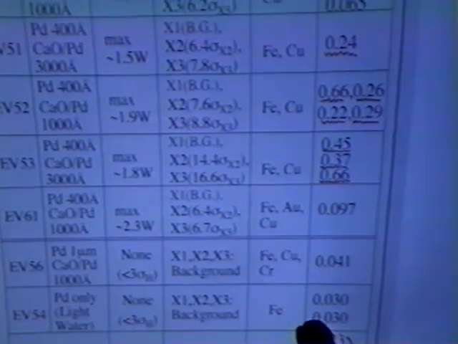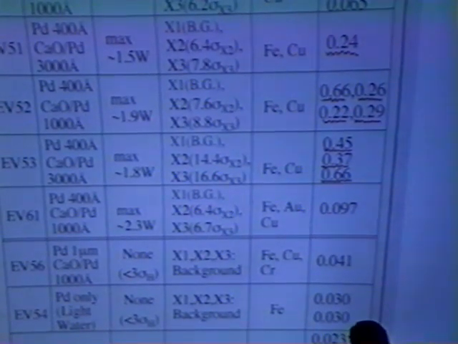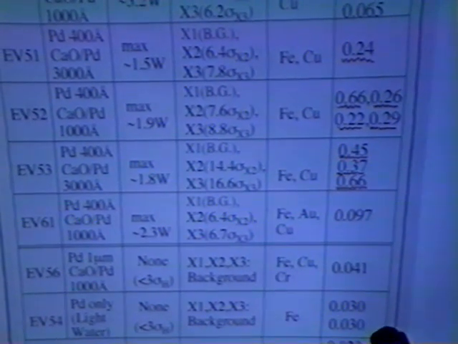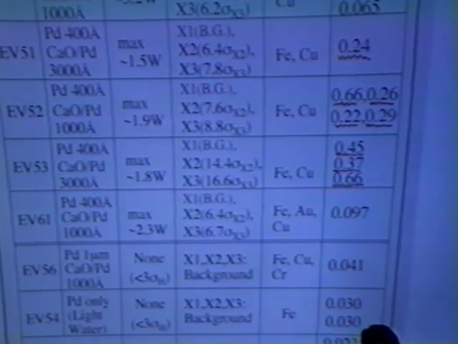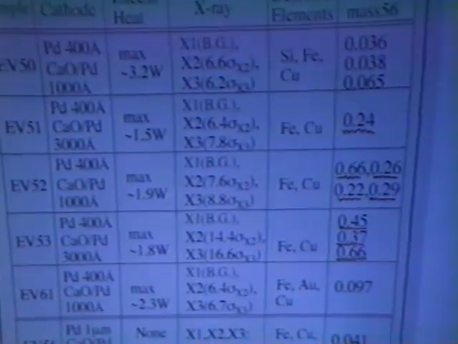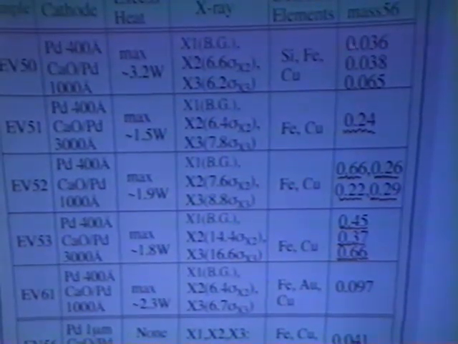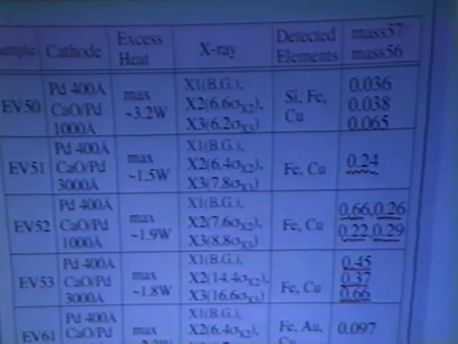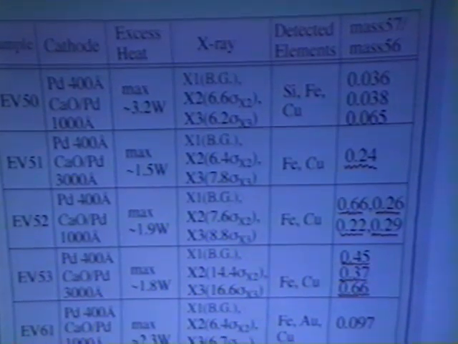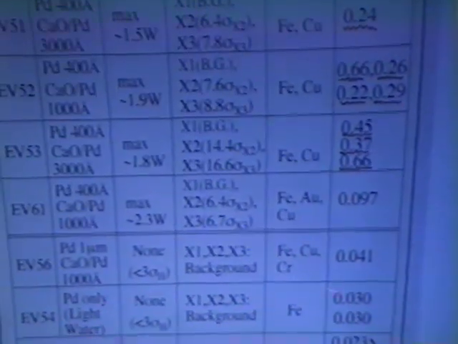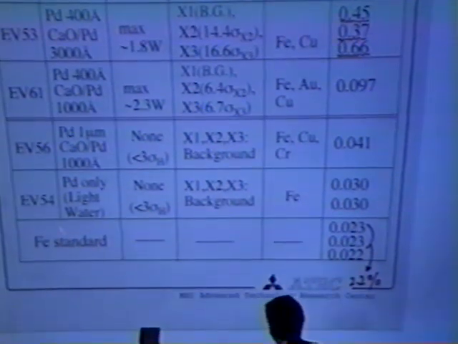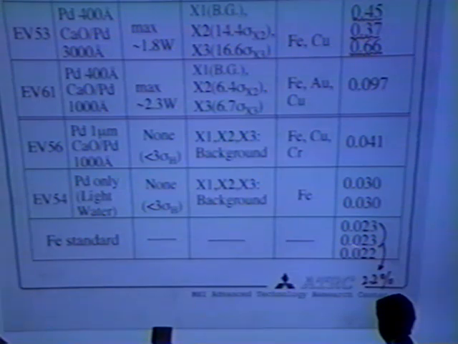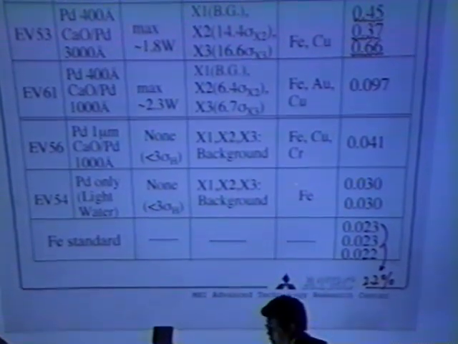Mass 57 by mass 56 is related to the abundance ratio of iron. If any other impurities do not exist, this value is equal to iron 57 by iron 56. So if we analyze every iron standard material, this value is the same as the natural abundance.